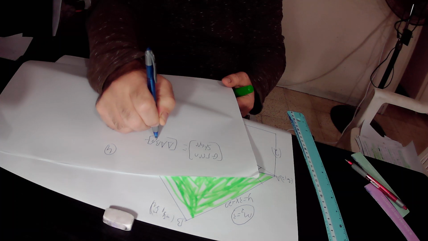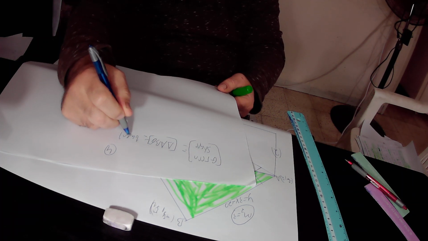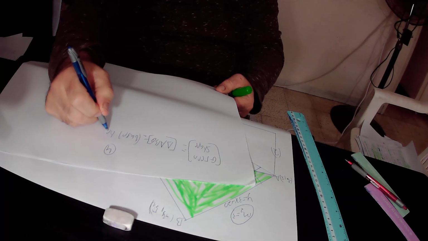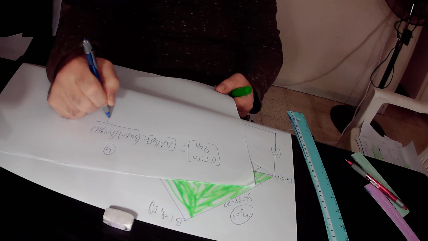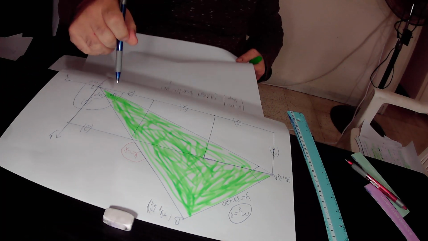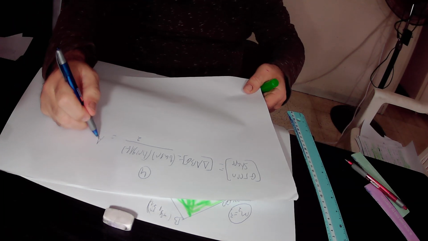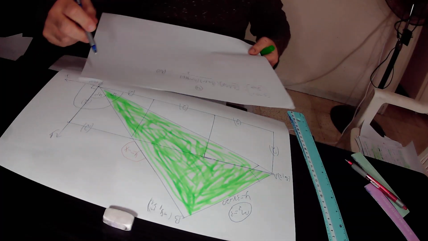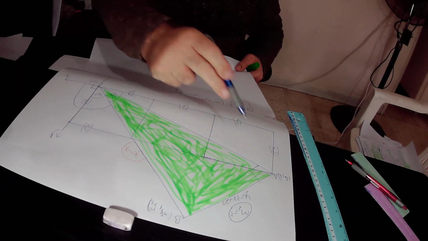We know that the area of any triangle equals the base of the triangle times the height over 2. We will choose the base of this green right triangle ABO as AB. And the height is of course AO, because it's at 90 degrees with the base.